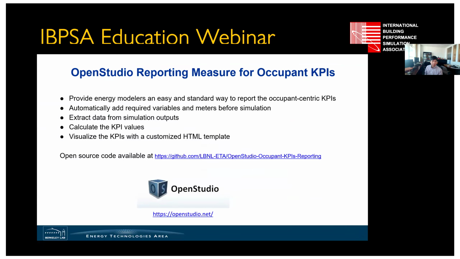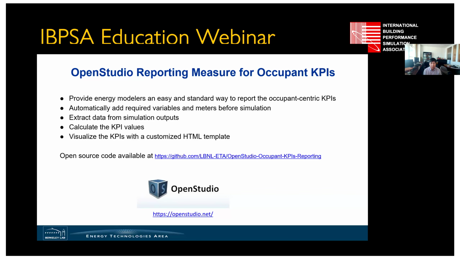I just want to mention a tool we developed here at LBNL, and it's open source code. It's part of the OpenStudio ecosystem. Some of you may have used OpenStudio, but basically it's a middleware that wraps around the simulation engine EnergyPlus, so it gives you a better way to prepare input for EnergyPlus and to change the EnergyPlus model.